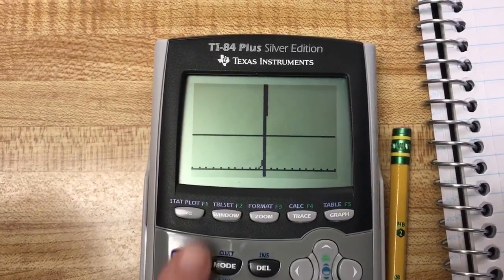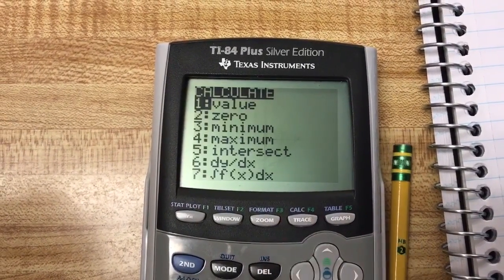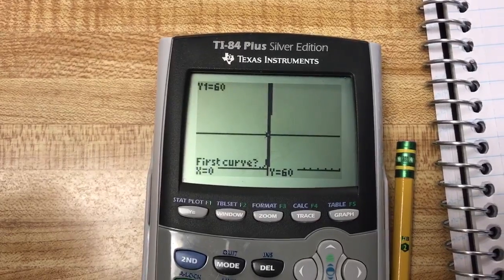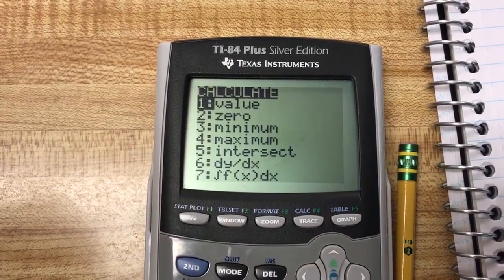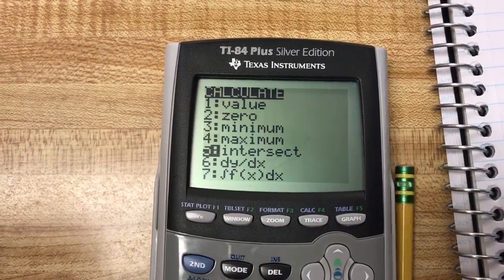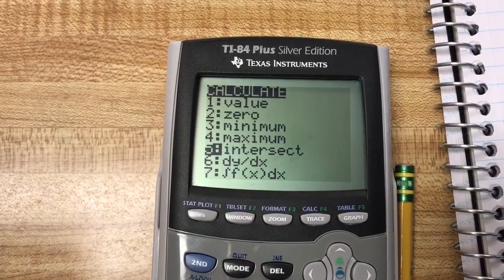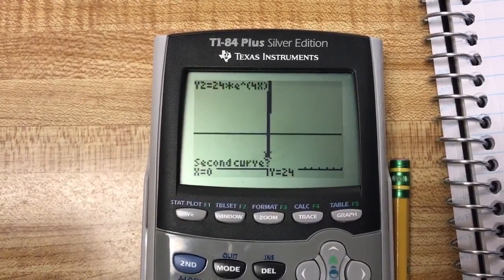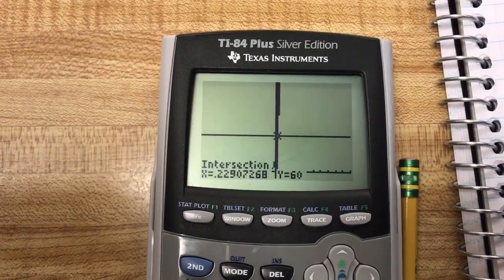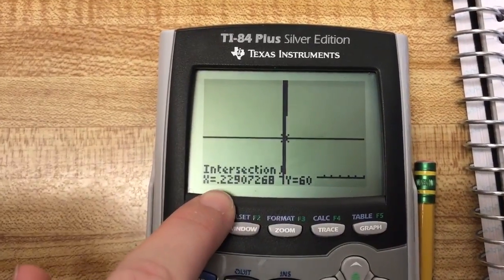In order to find our answer, you do second trace, intersect. So you can find this one of two ways. You can scroll down to intersect, or you can just press 5. And then we'll find that our answer is 0.229.